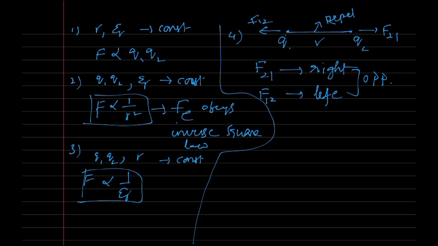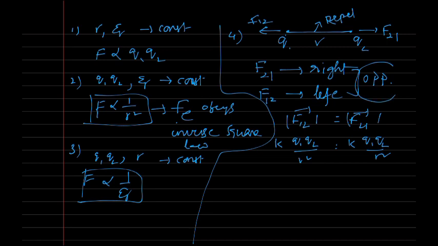Now coming to the next conclusion, that the magnitude of the two forces is the same, because it is K into q1 q2 by r square, and similarly K into q1 q2 by r square. So the magnitudes are the same.